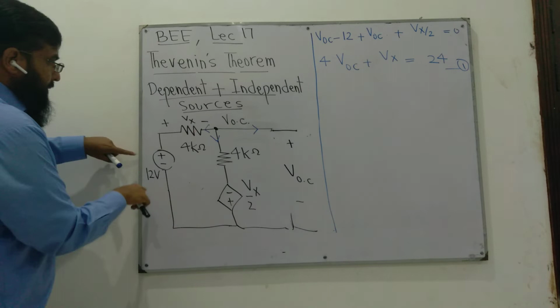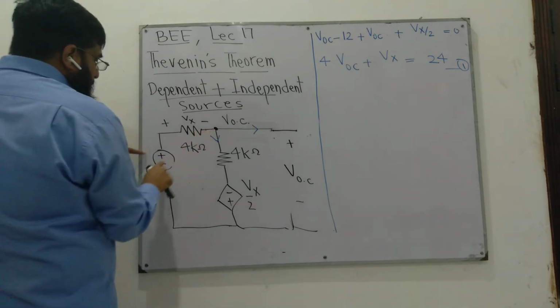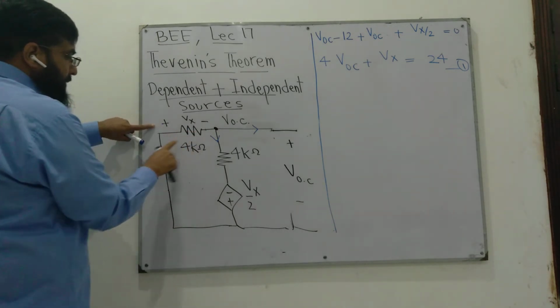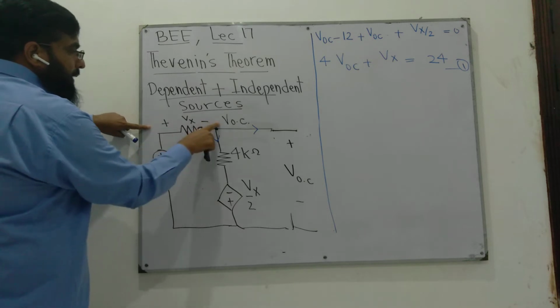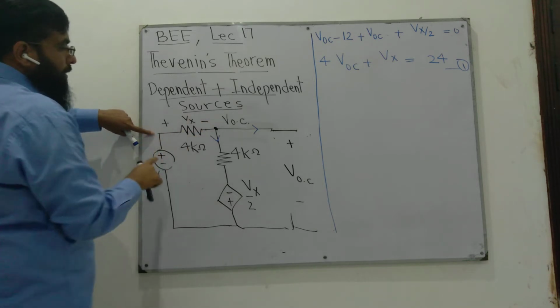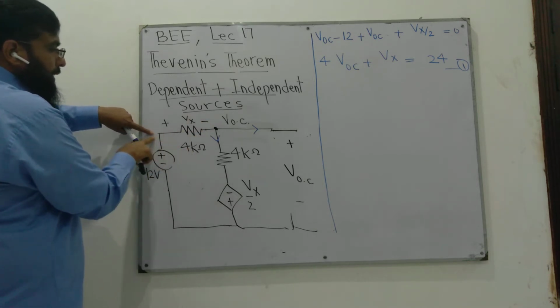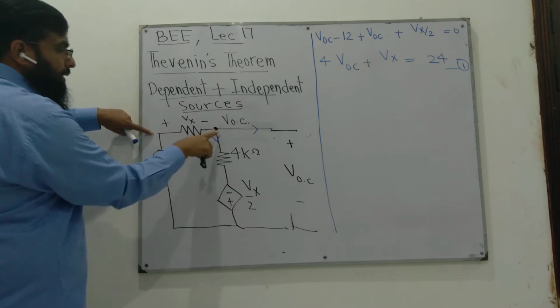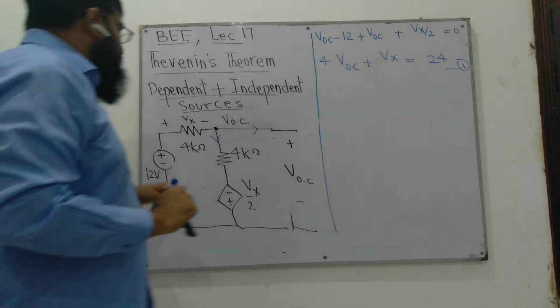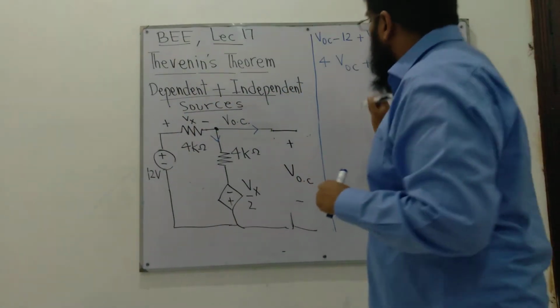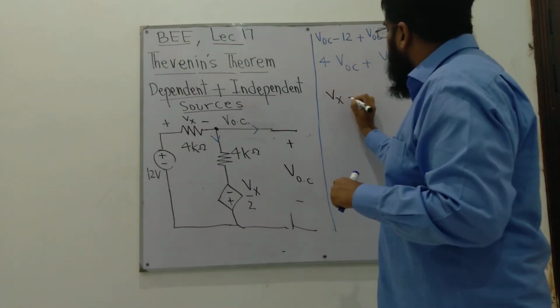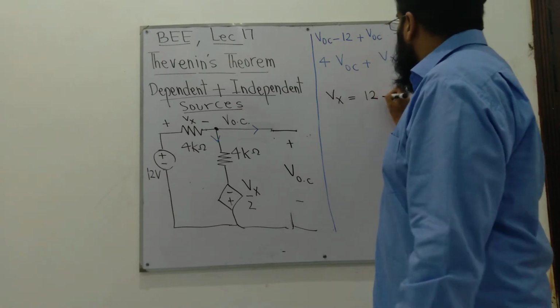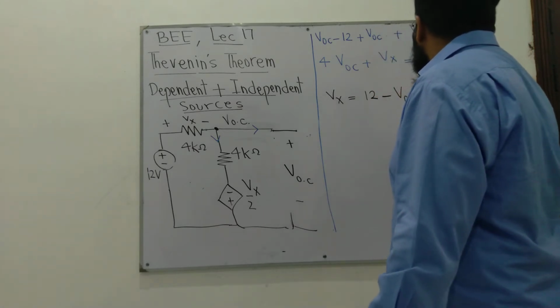Here on this circuit, we see that Vx is the voltage drop across this resistor. The voltage at the left end of this 4K resistor is 12 volts, and the voltage on the right side is VOC. So the voltage drop is 12 minus VOC. So Vx is 12 minus VOC.